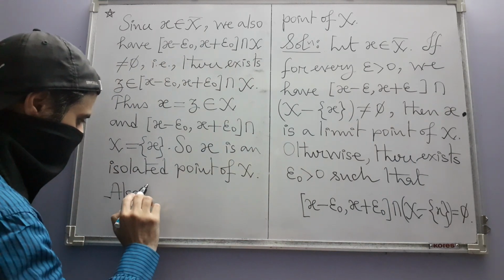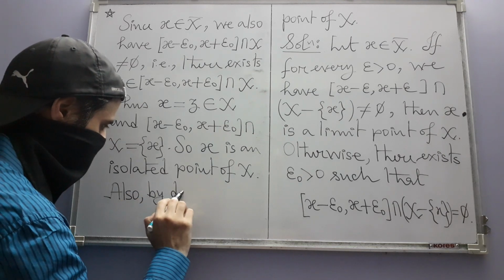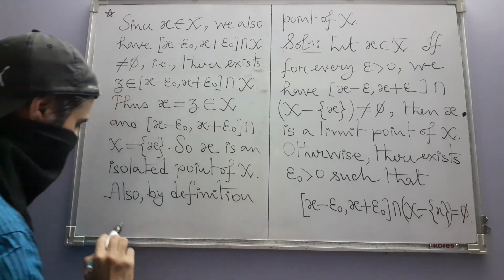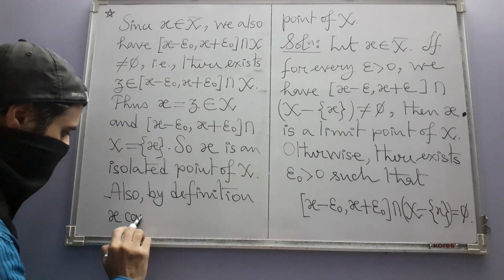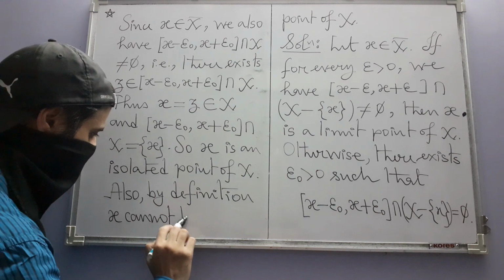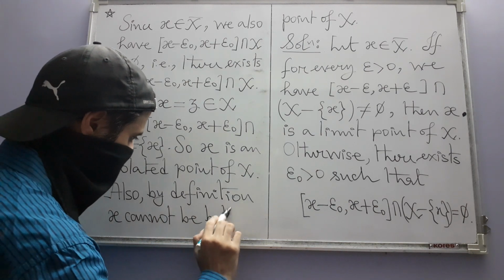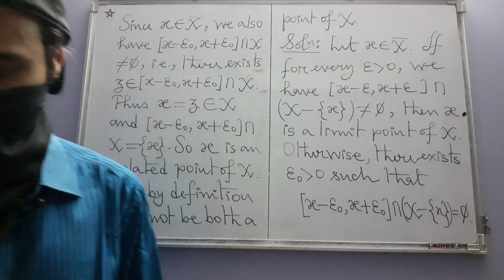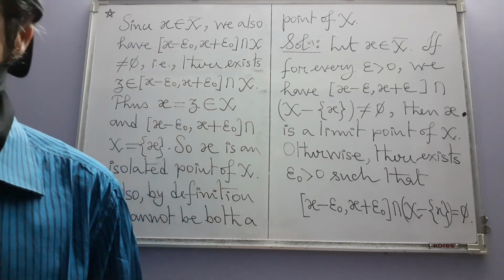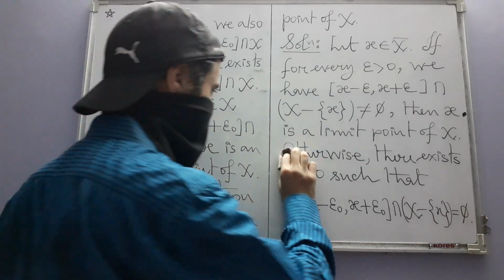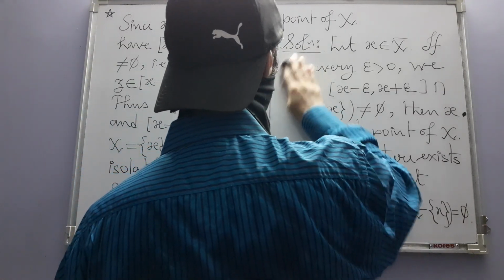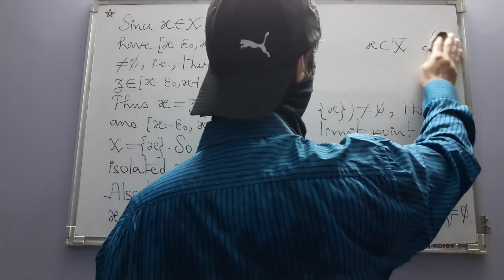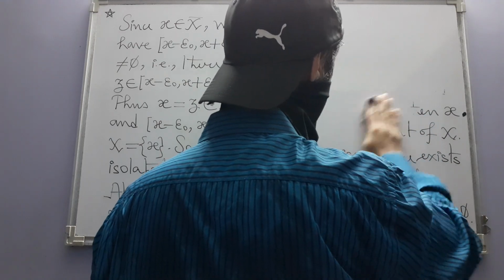Also, by definition, x cannot be both a limit point and an isolated point. Exactly why, you go back to the definitions of these points, and you should be able to see from the definition itself that being a limit point as well as an isolated point is simply impossible.